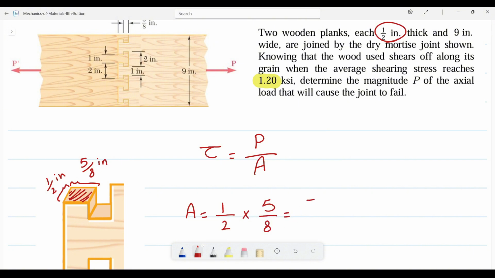It's equal to 5 divided by 16 square inch, which is approximately equal to 0.3125.